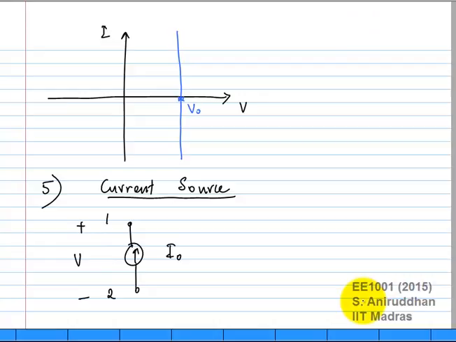What is the definition of an ideal current source? Current is constant.